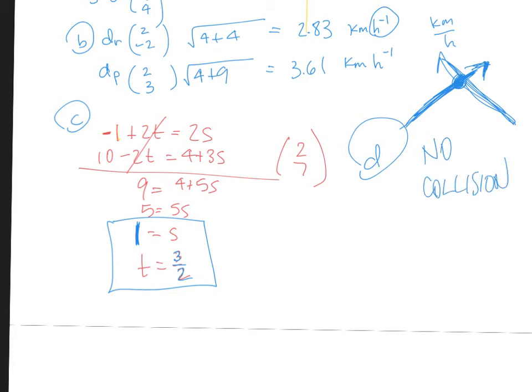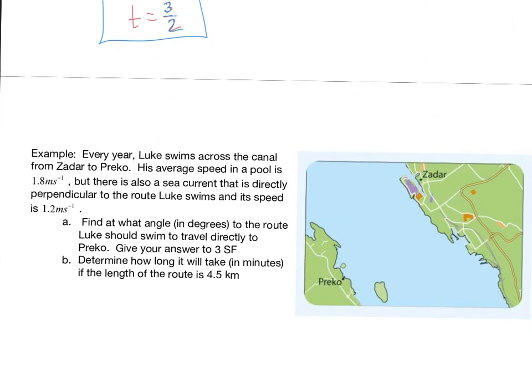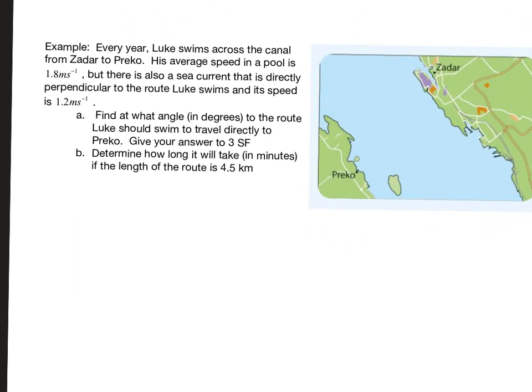Okay, let's take a look at the second example. Let me scoot this up. Okay, every year Luke swims, you can read. Let me see if I can use the picture that they have along with drawing my own. So if I have Z over here representing Zadar and P over here representing Preko, this is where, in the end, Luke is going to end up.